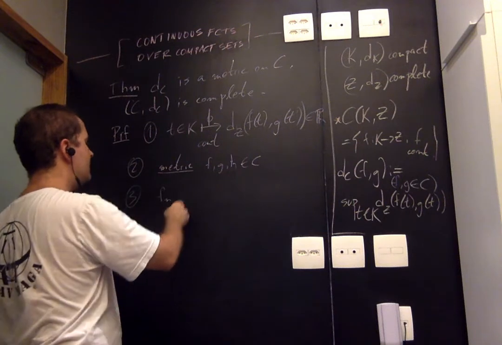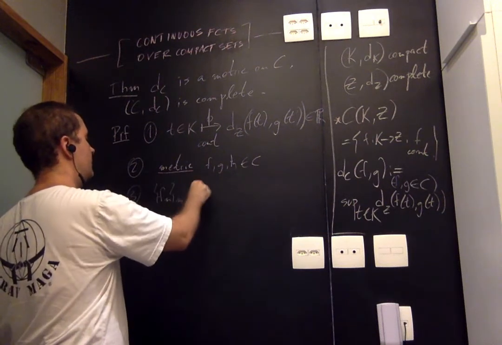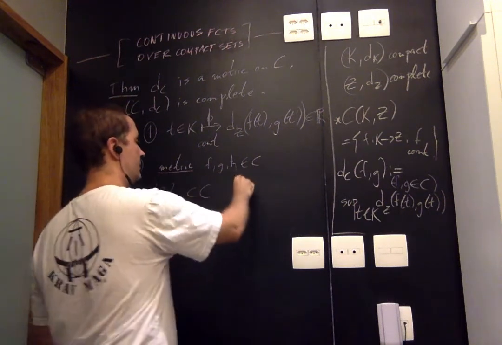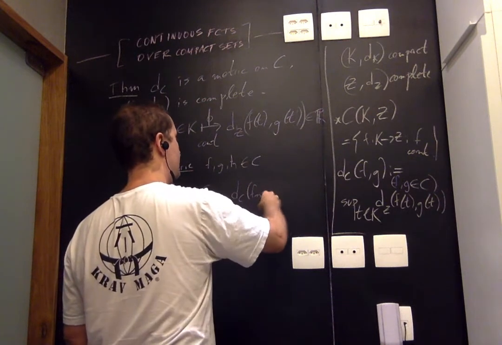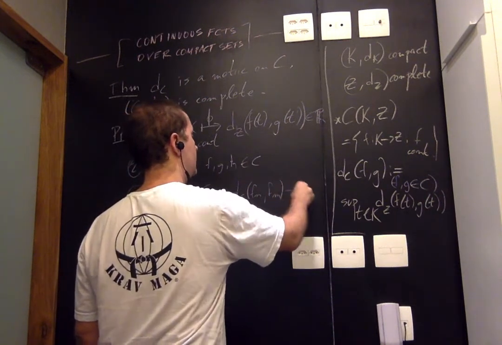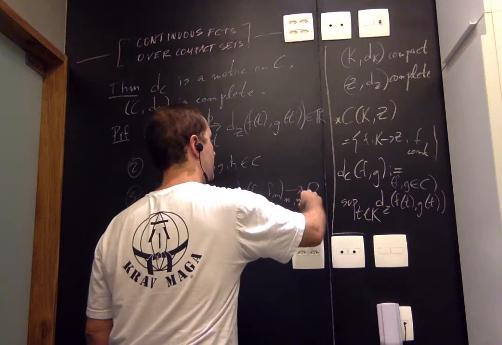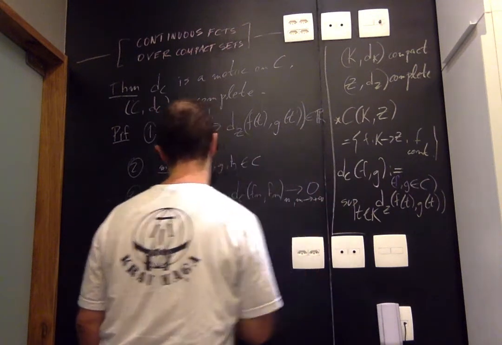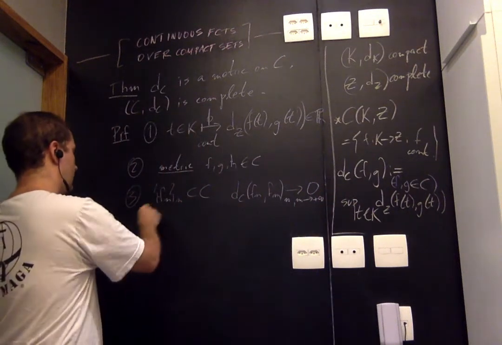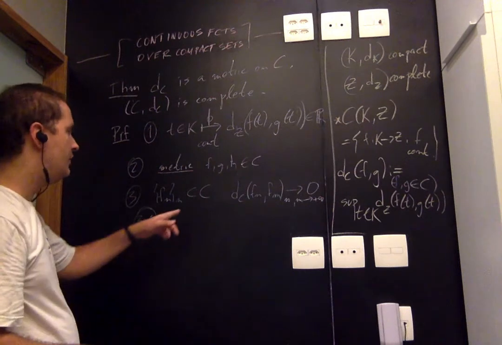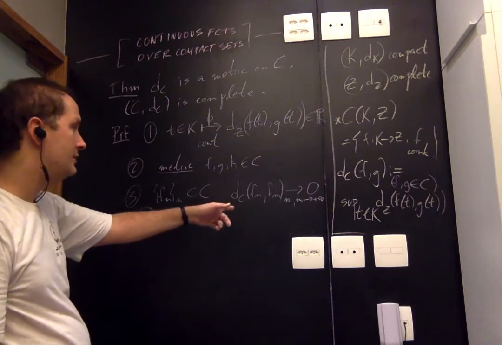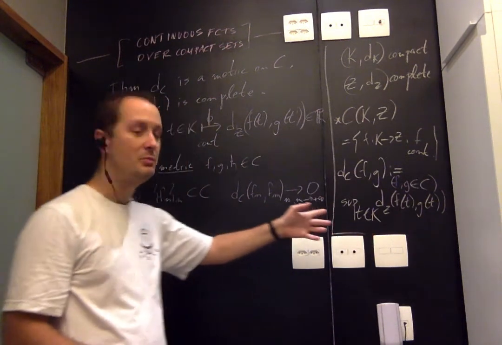Okay, I have a sequence that's Cauchy in my space. And what does that mean? d_C of f_n and f_m goes to 0 when n and m both go to infinity. What we argued in that case is that if you have a Cauchy sequence in the sup norm, right? So this is like a sup metric, not a sup norm.